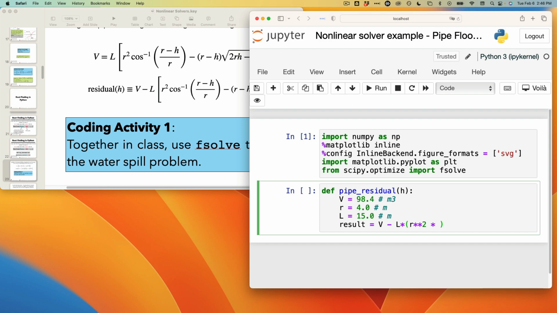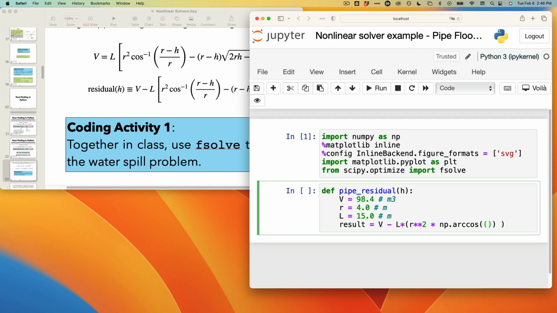times, now what is inverse cosine? It's arc cosine. You can bring that from the math library or the NumPy library. We'll just use NumPy, np.arccos. Why do I recommend you use the NumPy library? Because eventually we will be dealing with systems of nonlinear equations, and you will be passing an array of variables.